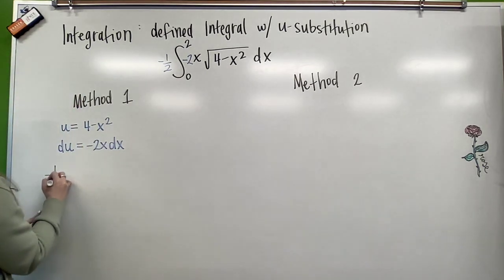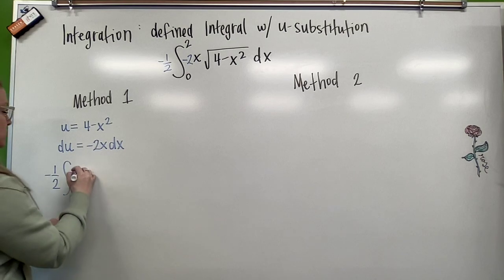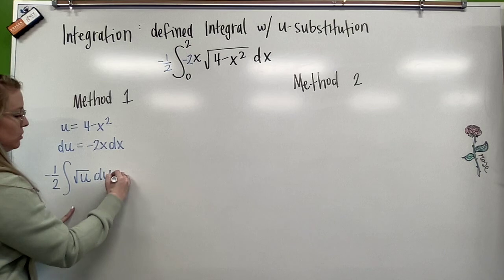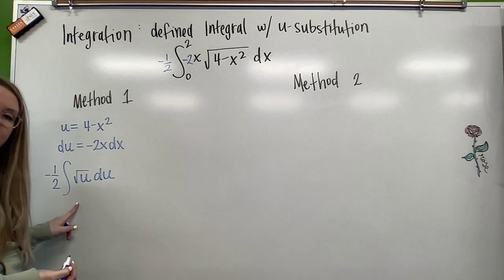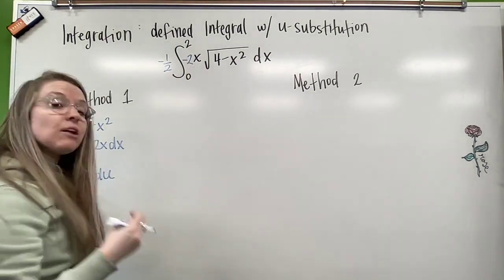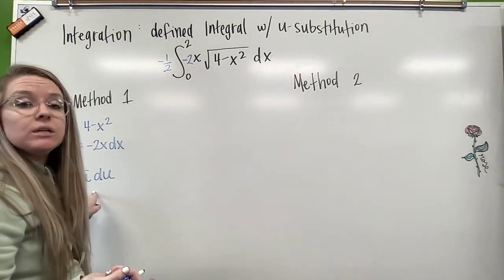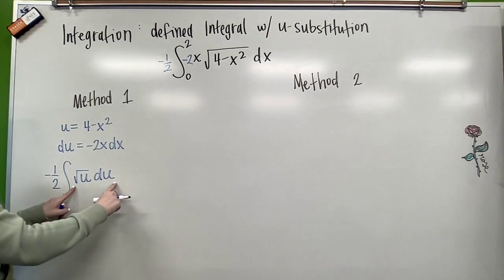So I'm going to have negative 1/2 the integral of the square root of u du. Notice how I don't have my bounds here. The reason I don't is because 0 and 2 are in terms of x, and right now I'm in terms of u, so I'm going to drop the 0 and 2 for a second. So I'm going to antiderive this.